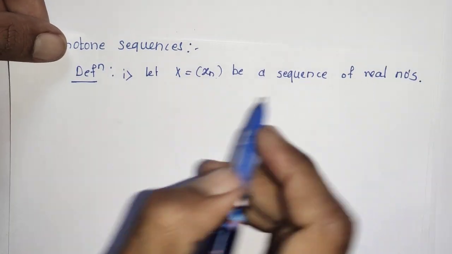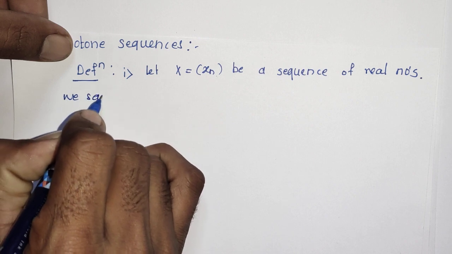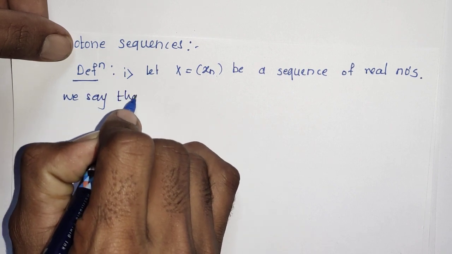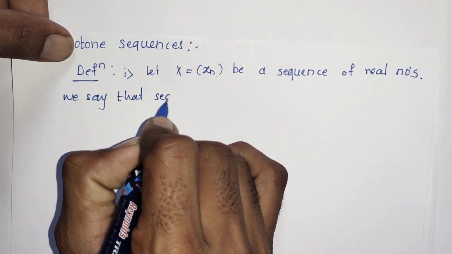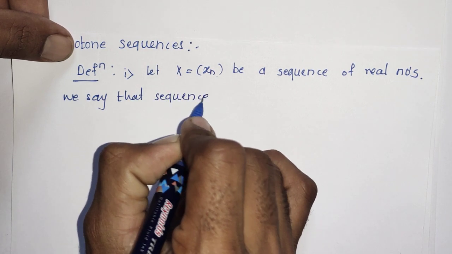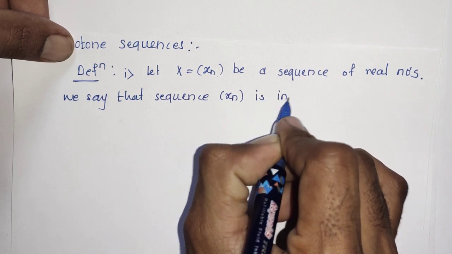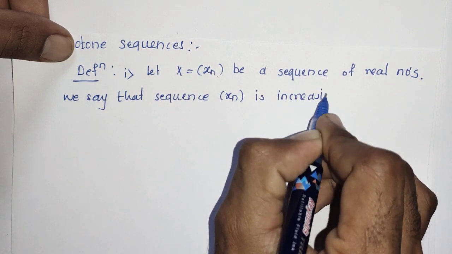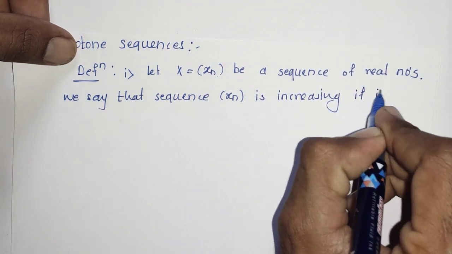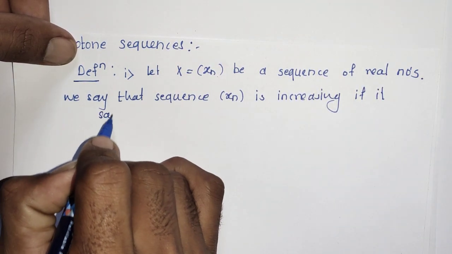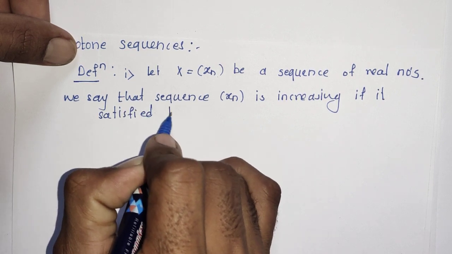Then we say that the sequence xn is increasing if it satisfies the inequality.